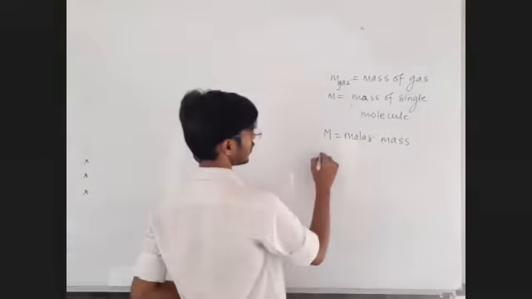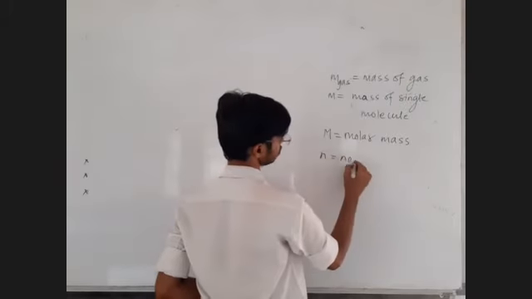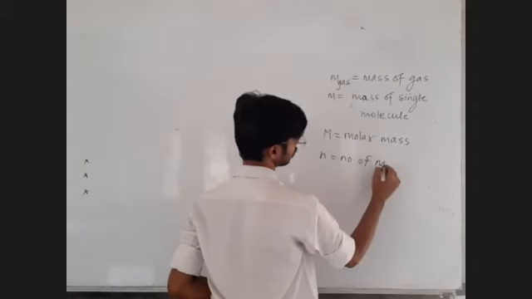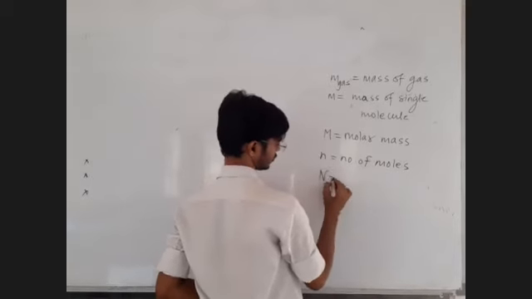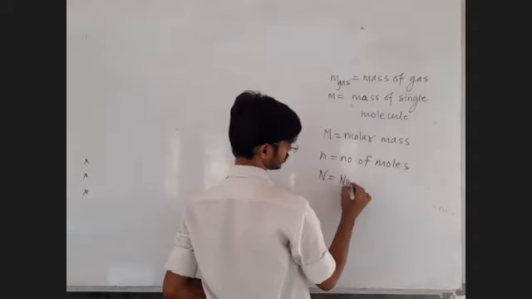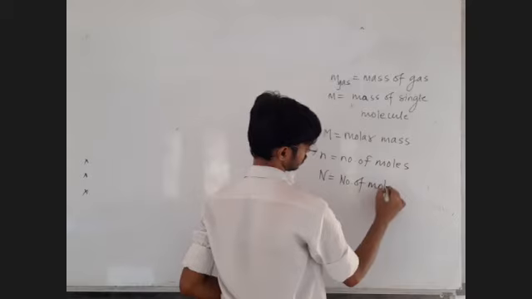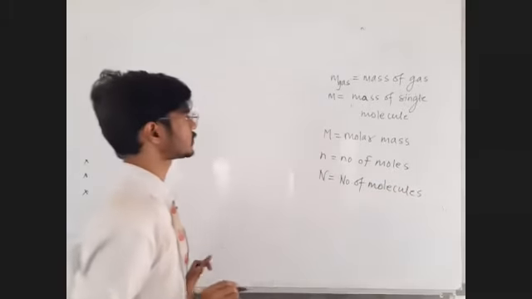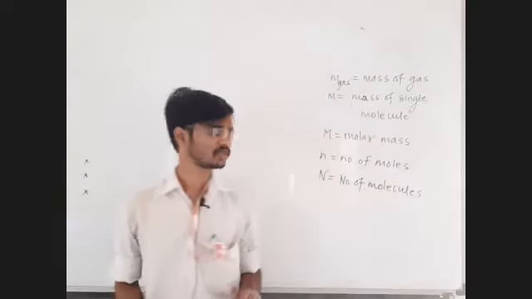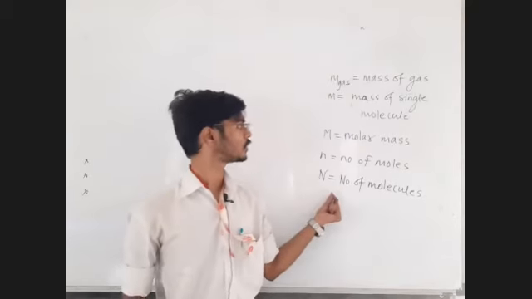Small n is the number of moles, and capital N is the number of molecules. Don't forget this convention. We will be consistently using it.